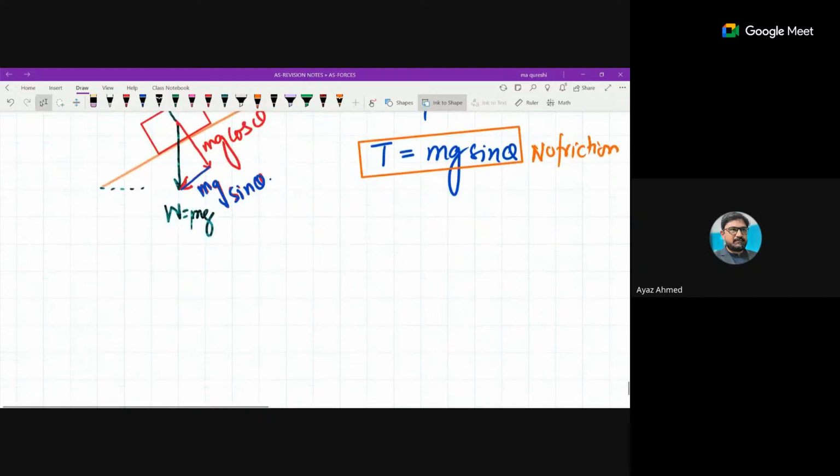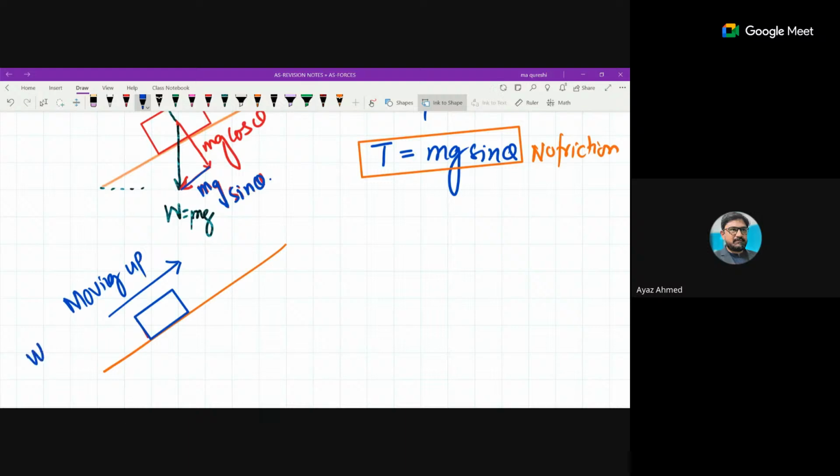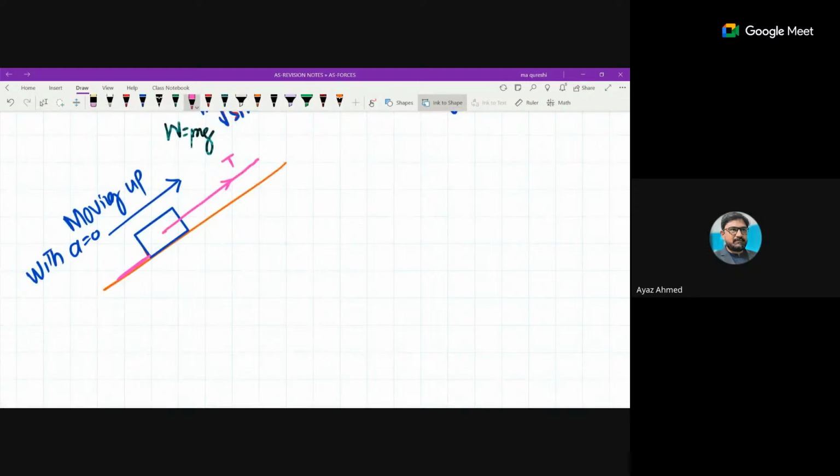Now, in case of friction, if I draw this diagram again for you, you can see that there is friction and the body is moving up the slope with constant velocity, that is, acceleration is equal to zero. So again there is a tension on this rope, and then friction will be in this direction, isn't it? Here will be friction.